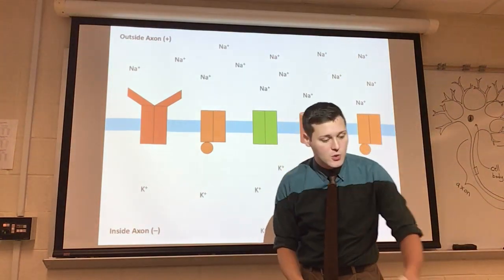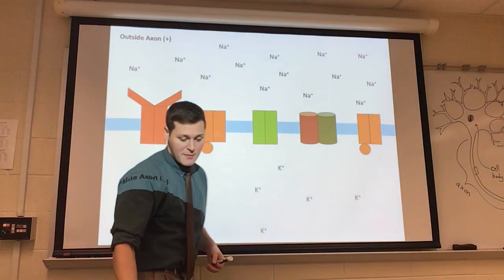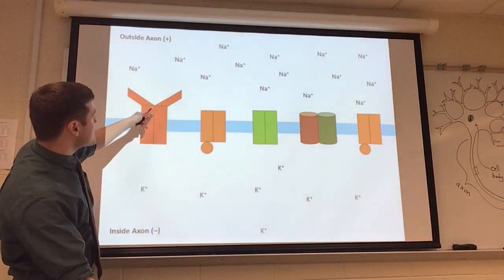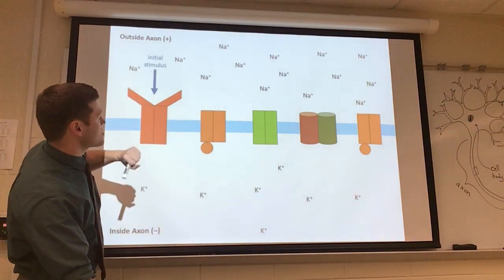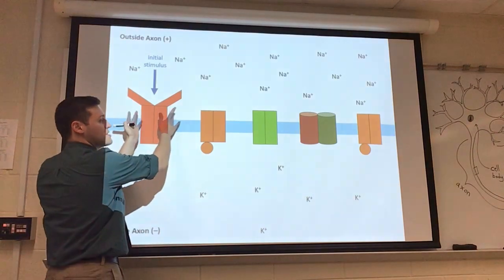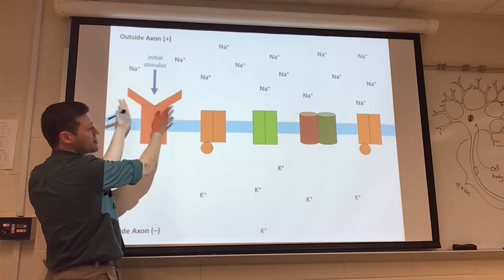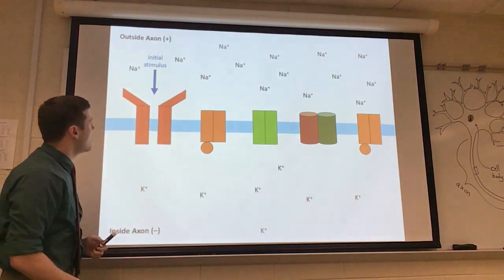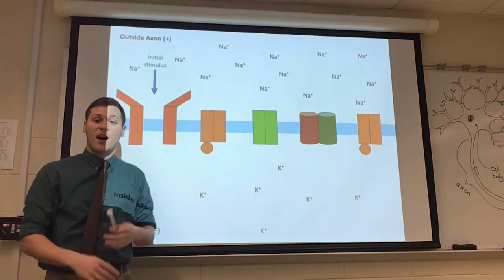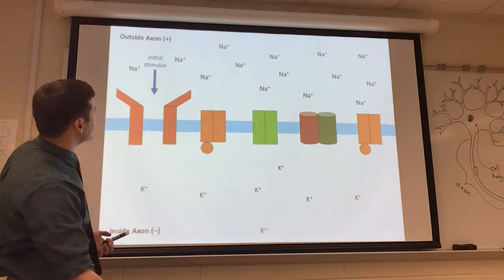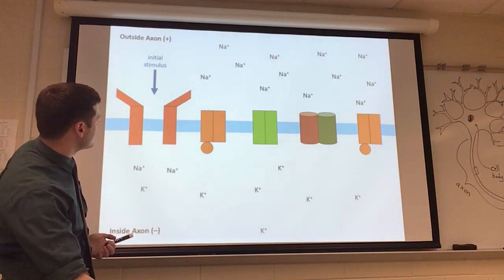If we were to go through this animation, the first thing that's going to happen is some initial stimulus that is going to cause the membrane to stretch, and this mechanically gated sodium channel is going to open. Once that opens, it's a sodium channel, so it's going to let a lot of sodium in.